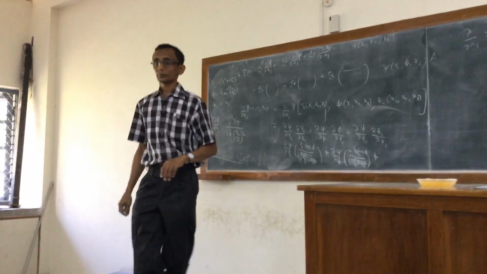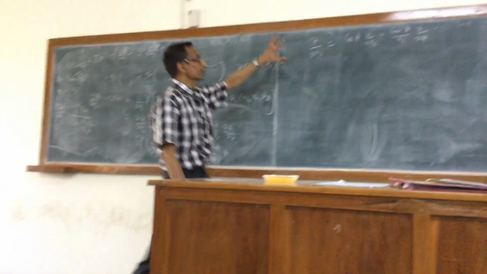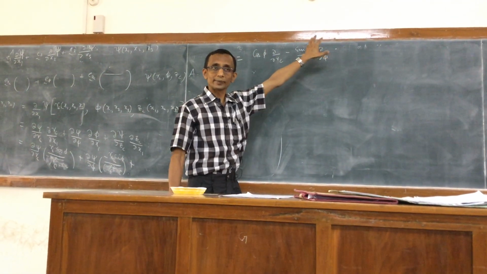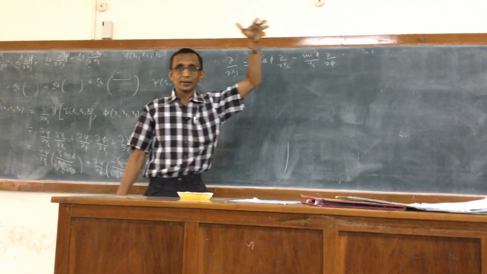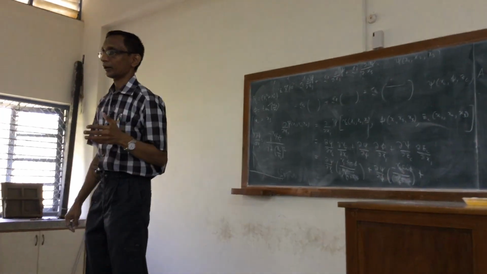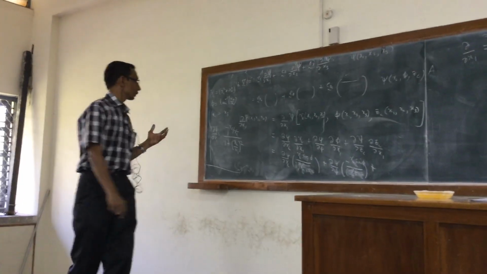The important thing to remember is this is acting on a function of x1, x2 and x3. This is going to act on the same function psi expressed in terms of rc, phi and zc.